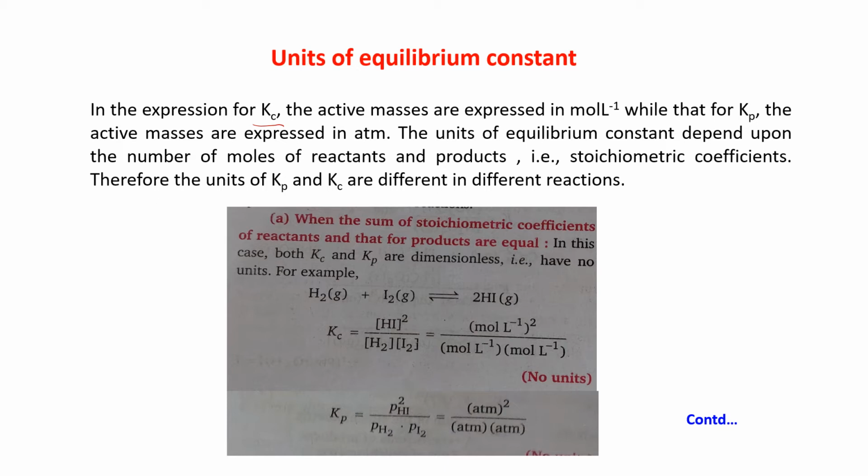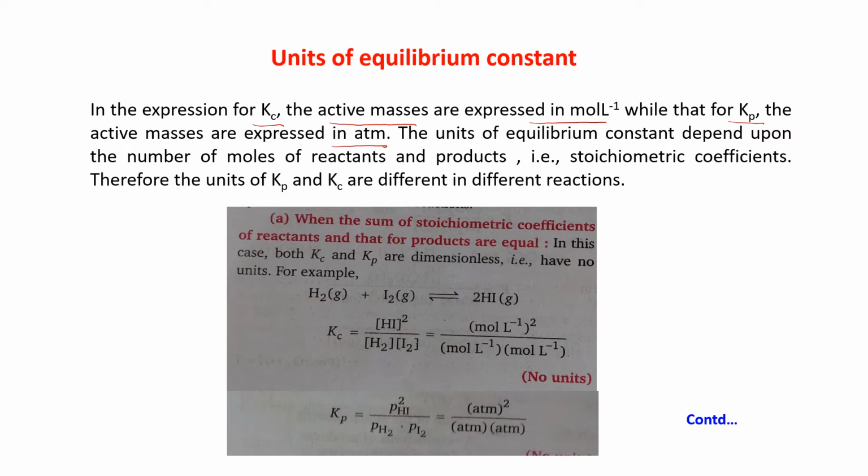The active masses are expressed in moles per liter because they are the concentration term. While for Kp, the active masses are expressed in atmosphere.